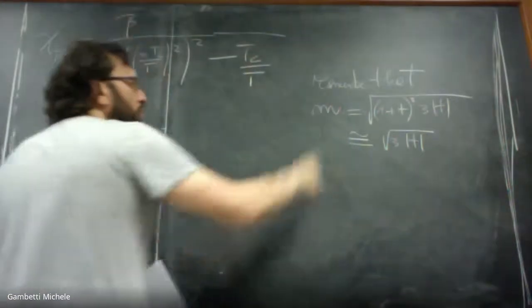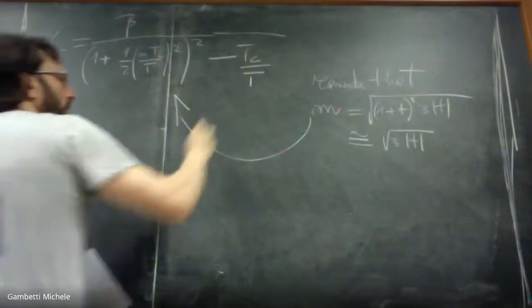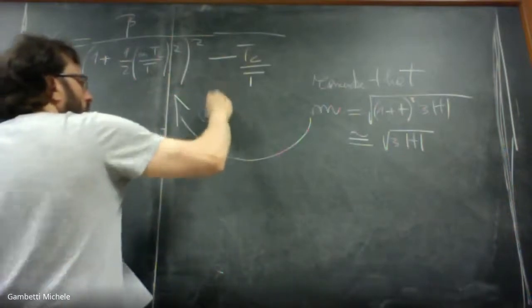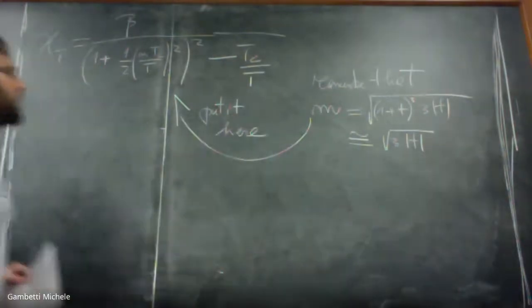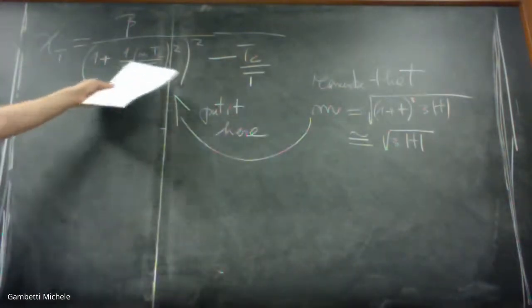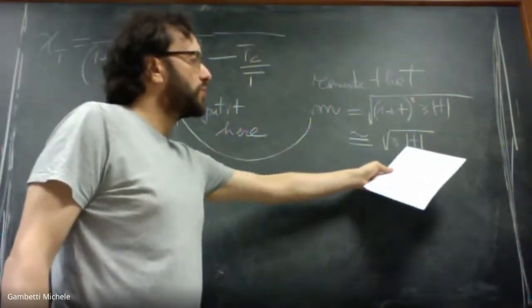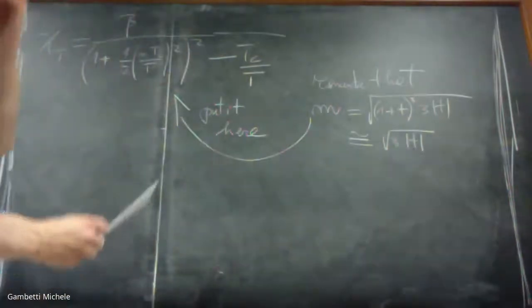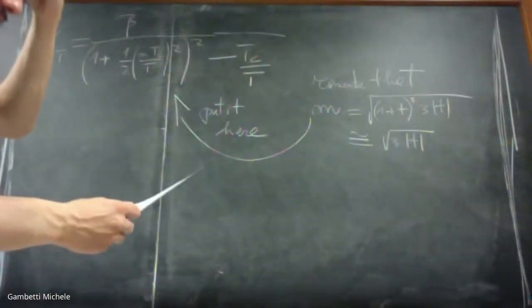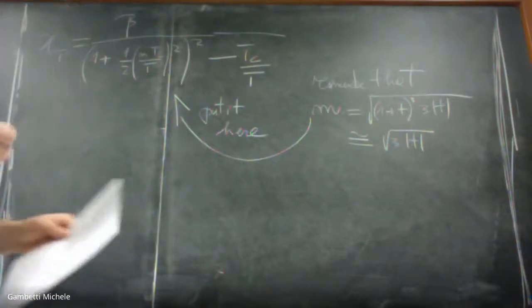Now what we do is to use this in here. So instead of m, we will write this square root of 3 modulus of Tc. Okay, so now there's a little bit of algebra. I think it's not so useful that I do this algebra.